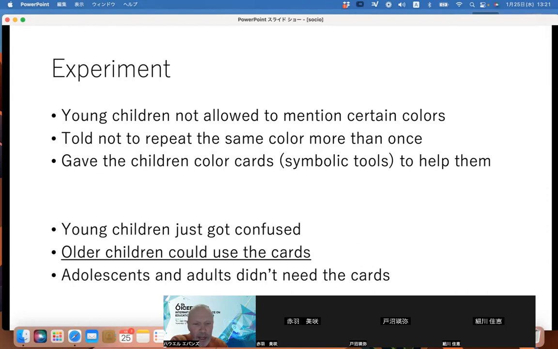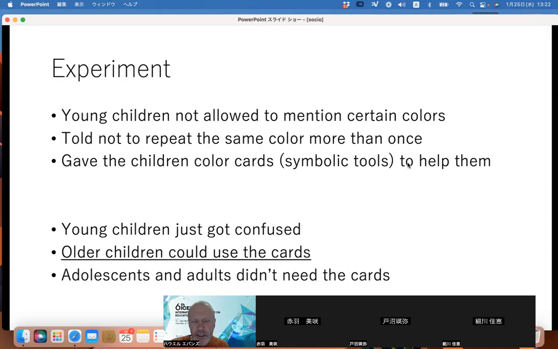You can't help it. It just happens automatically. And even if you try not to think of it, it doesn't help. You just think of it. So in other words, symbolic forms, signs, language, they structure thought. Anyway, that's basically the idea.